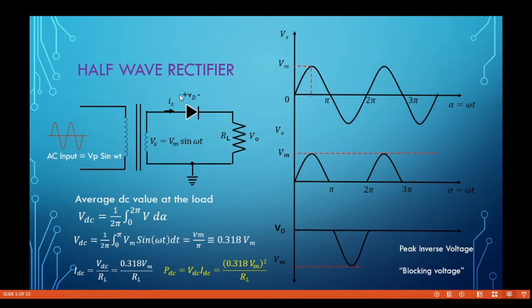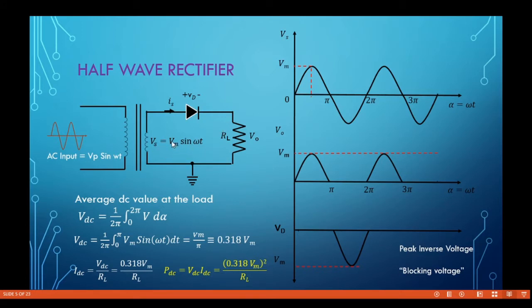So this is the circuit diagram of a half wave rectifier. In the circuit we can see here, this is the transformer. We have an AC input in the primary winding of Vp sin omega t. Due to the mutual induction between the windings, the secondary voltage produced at the input of the rectifier, that is Vs, is equal to Vm sin omega t.